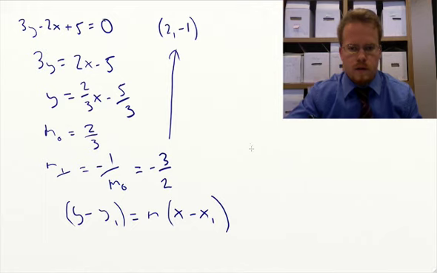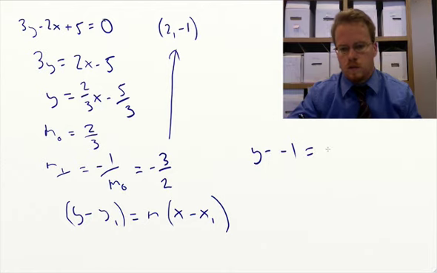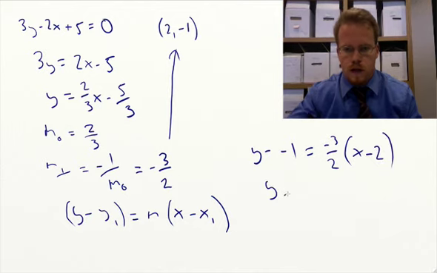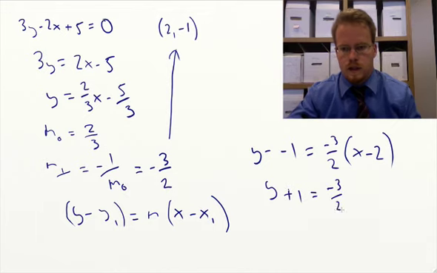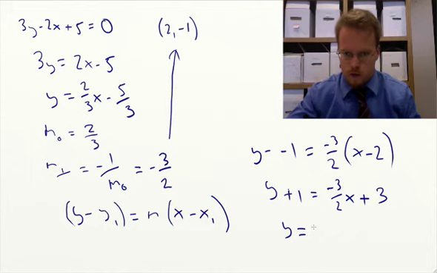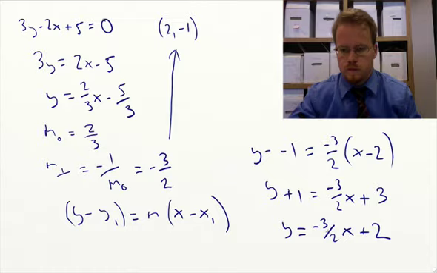We'd have y minus 1 equals negative 3/2 times x minus 2. And then we just solve and we get y plus 1 equals negative 3/2 x plus, because negative times negative, 3. Subtract 1 from both sides. We have y equals negative 3/2 x plus 2.